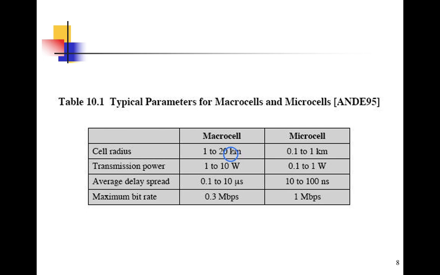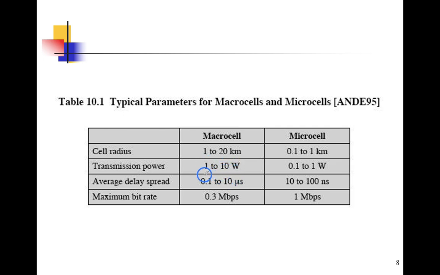So if you can imagine Kuching and Samarahan, for those not in Sarawak, the distance from, for example, Unimas to the airport is about 20 kilometers. That is what we consider macro. You can have one antenna to cover it, but of course when it's a big coverage, you need more power, 1 to 10 watts.